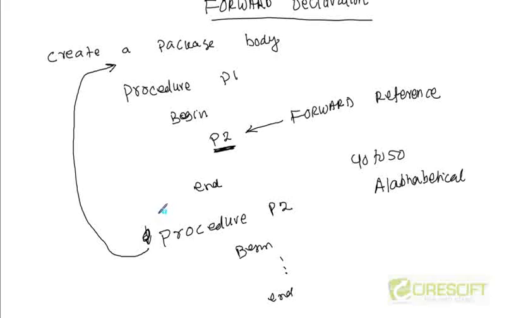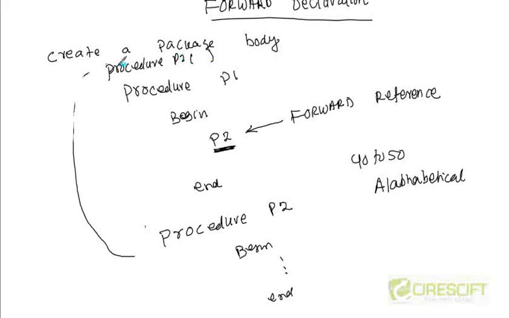So in that case we can never guarantee which one is going to be called where. So what you do is, after creating the package body, just tell the compiler that there is a procedure called p2. What I'm saying is this program unit is going to work if we just add a piece of code called procedure p2.